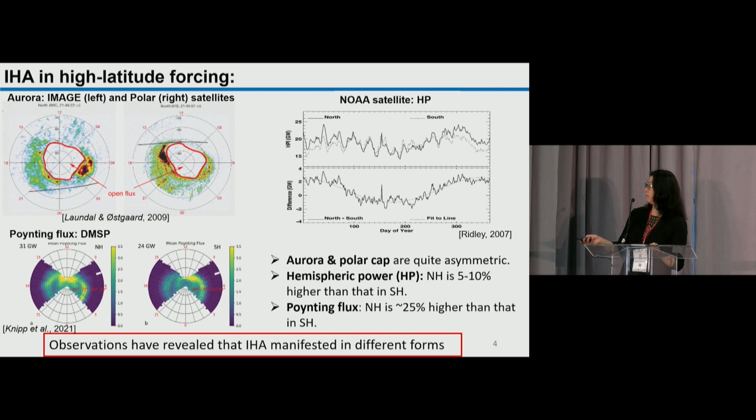I think this is during a certain season, and if you look at the conjugate beams, the northern hemisphere Poynting flux is 25% higher than the southern hemisphere, if you calculate the total number. And if you look at the distribution, they have a different distribution as well. So definitely more detailed study about the reason and in different time frames is needed.